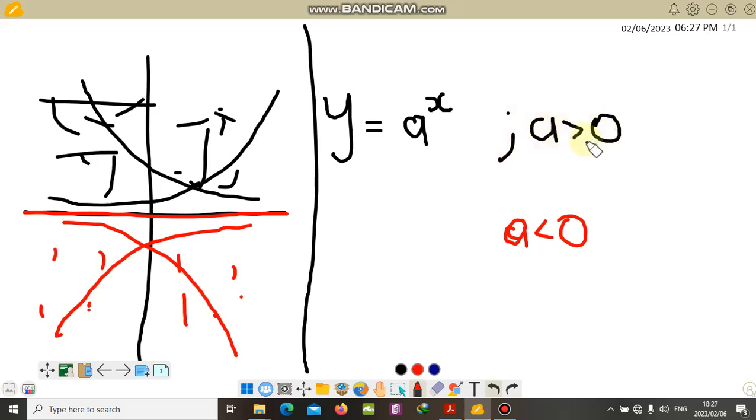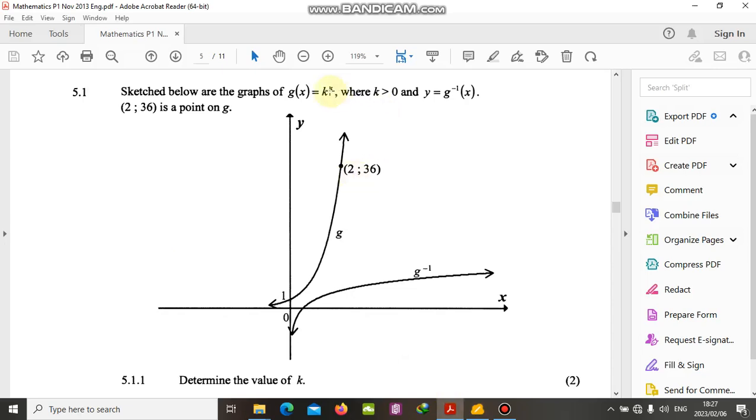So because a is greater than 0, we expect our graph to be on the top part, above the horizontal line. And I've also noticed on that graph that the exponent x is also positive. So this means the graph will increase as you go to the right. So here is the graph. It increases as we go to the right side.